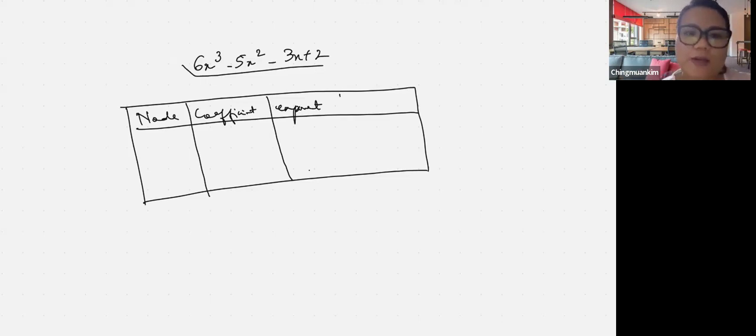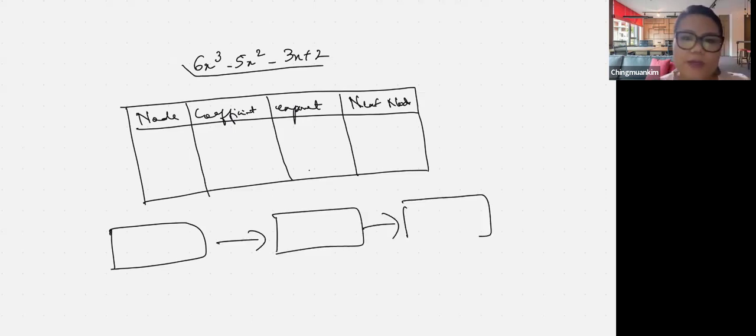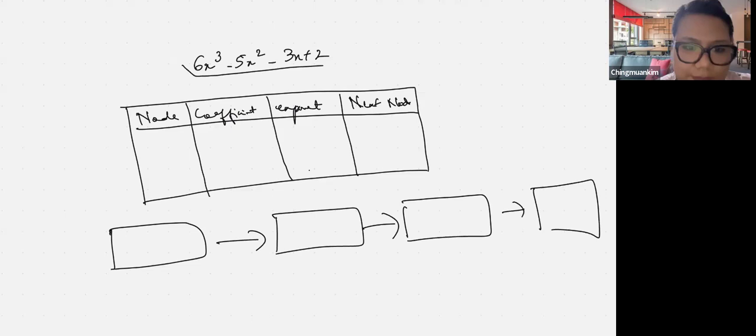As I have said, these are the nodes. Here we have 4 terms. So at the first node, we'll be storing this. Second node, we'll be storing this. Third node, we'll be storing this. And at the last node, we'll be storing this.